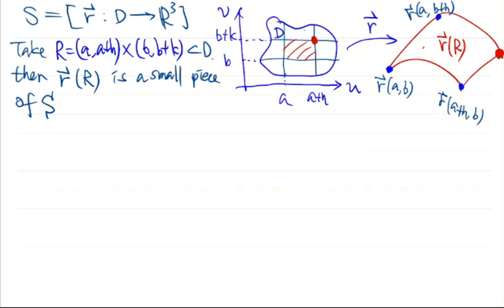So we will approximate this image R(R) by a parallelogram spanned by the following vectors. This is the key point. We approximate the area of R(R).